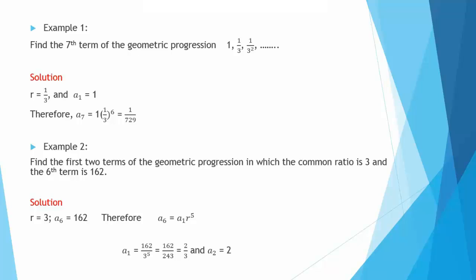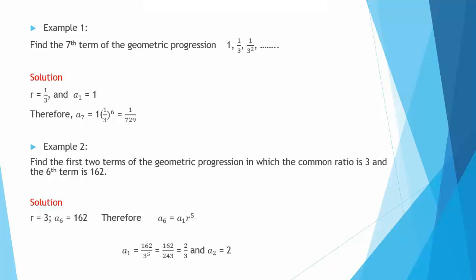Example 2. Find the first two terms of the geometric progression in which the common ratio is 3 and the sixth term is 162. According to the information given in the question, the common ratio is 3 and the sixth term is 162. Therefore by substituting in the general equation for the sixth term, we get a6 equals a1 times r to the power 5.